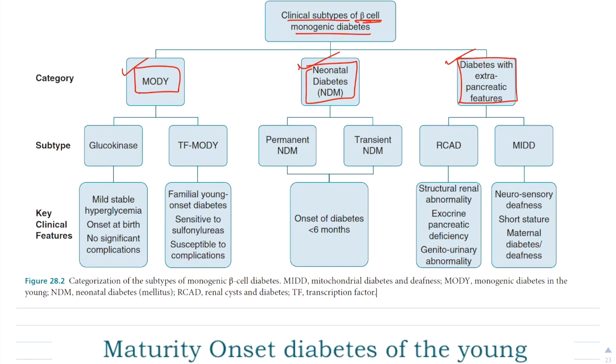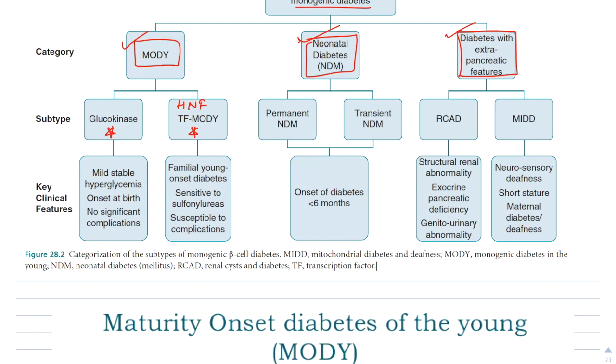The maturity onset diabetes of the young can have genetic defects in the enzyme glucokinase or in the transcription factors, that is the hepatocyte nuclear transcription factor.